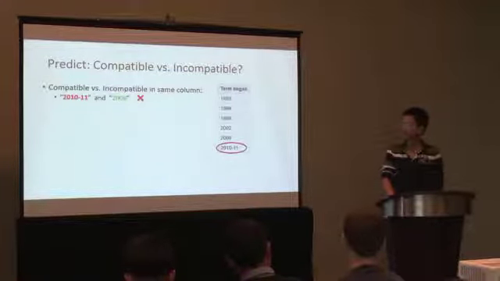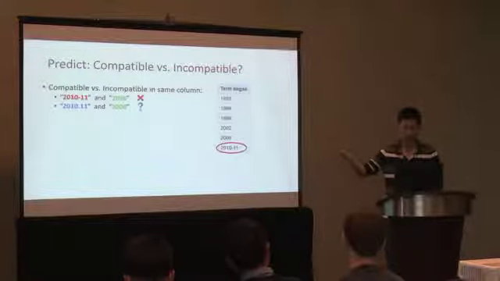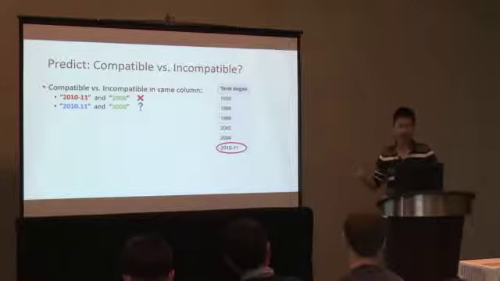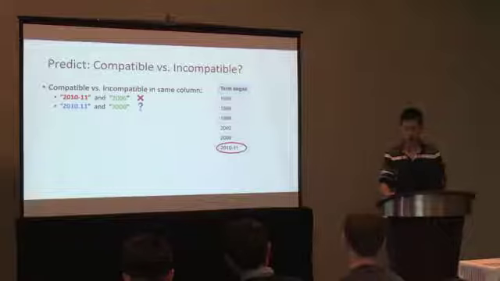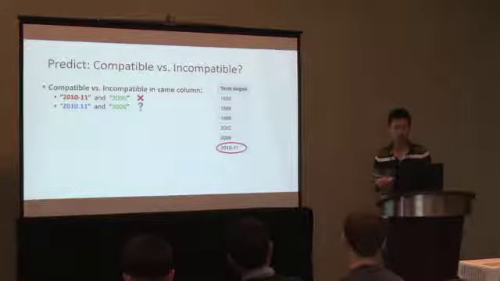However, this is a very subtle thing because the second pair of values here is actually a lot more likely to be compatible because the first can be a floating point number and the second one could be an integer, and they co-occur all the time in the same columns. So only looking at the pair of values and their patterns is probably not going to be enough.